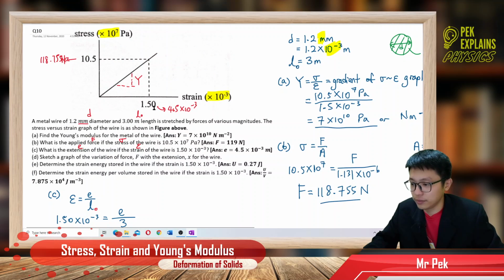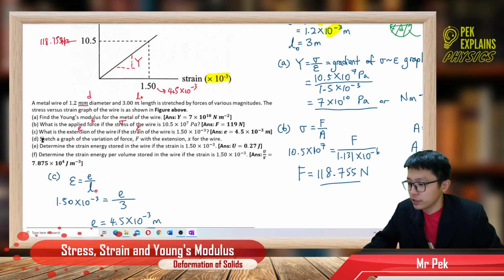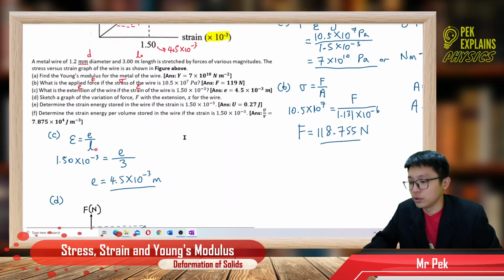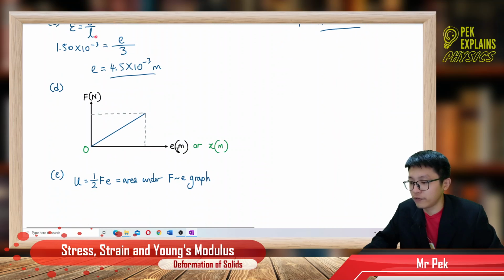Okay, for this strain. Now sketch a graph of force versus extension for the wire. So now I want the FE graph or FX graph. You can label it as E or as X, no problem. Both have the same meaning. Elongation is the same as extension.